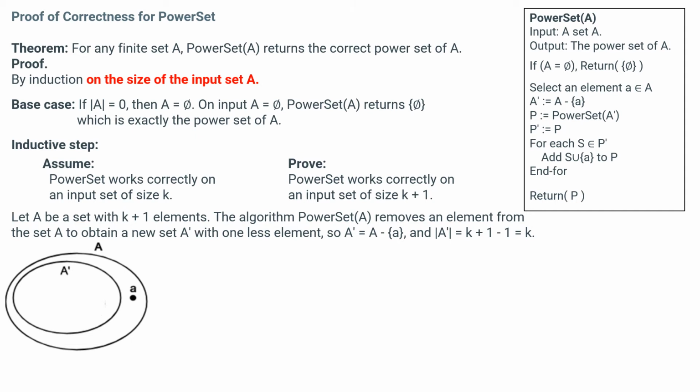So A is the original set. A prime is what we get when we take out one of the elements. And how big is A prime? Well, A started out with k plus 1 elements. We took out one element, so the size of A prime is going to be k.